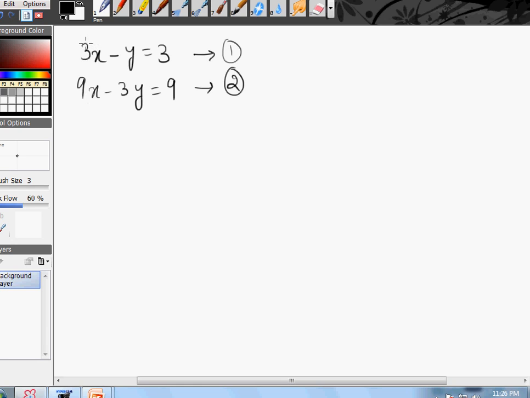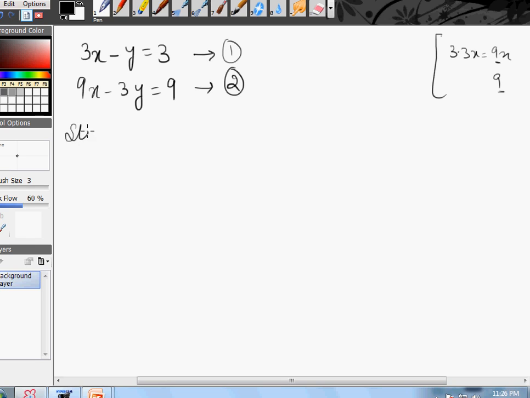So, if we multiply equation 1 by 3, the coefficient of x becomes 3 into 3, which equals 9x, whereas if we leave the second equation as it is, then the coefficient of x is again 9. Thus the coefficients have become equal.